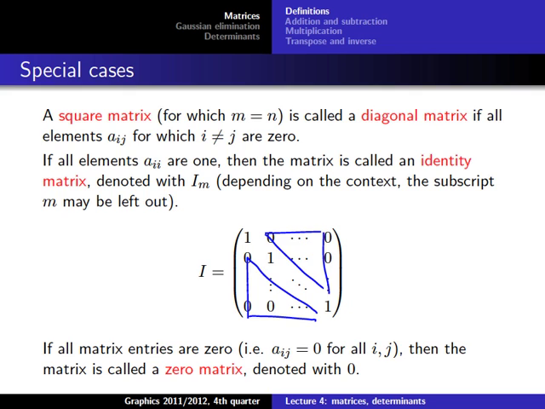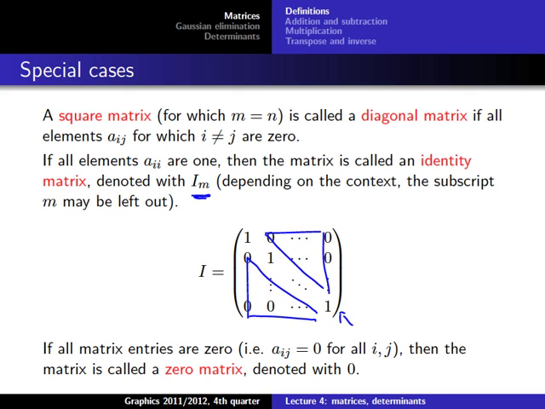And if the values on the diagonal are all 1, then we call this the identity matrix. We will see later why we choose this name, and we denote it with I_m. Because it's a square matrix, we have two dimensions, but each dimension has the same value, which is why we only denote it with one value, in this case m.